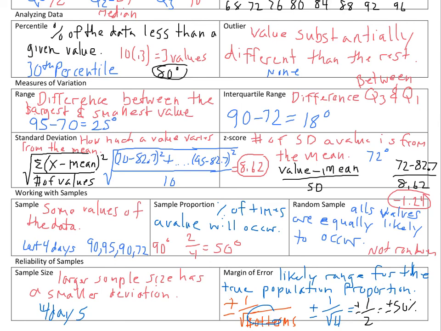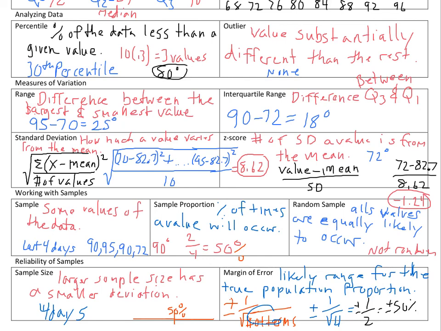If we have a little line graph here, and this is 50%, that is my sample proportion. By the way, that's 50%, not 50 degrees. So 50% is in the middle.